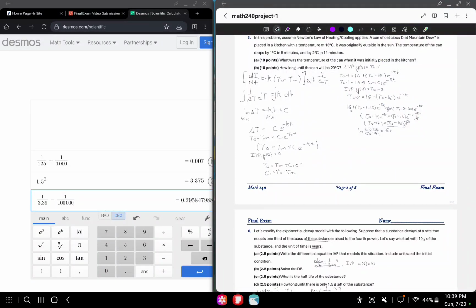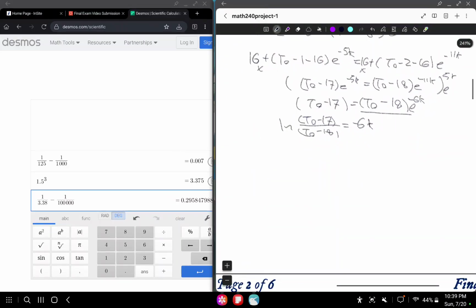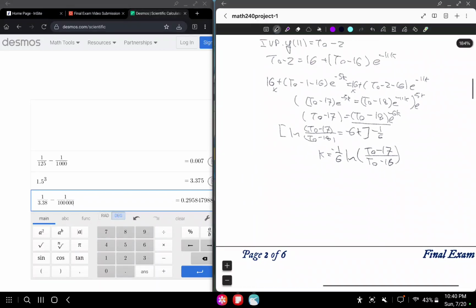Times this by negative 1/6. So k is equal to negative 1/6 ln of (T0 minus 17) over (T0 minus 18). That doesn't give me the temperature.